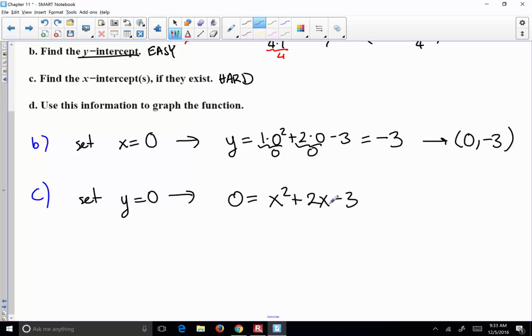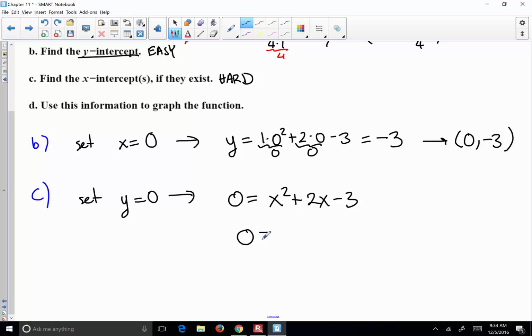This is solving a quadratic equation. It's set into 0. We've done many of these before in this chapter 11. What else can I do? We factor it, yes.